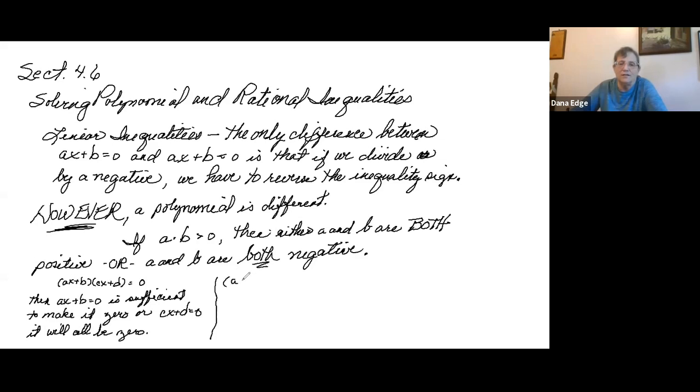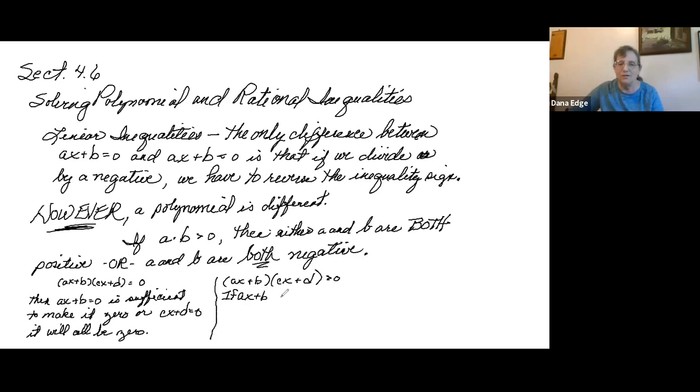However, in the case of, say, an inequality where it's greater than, if we've got something like this is greater than 0, we can't just set these greater than 0.